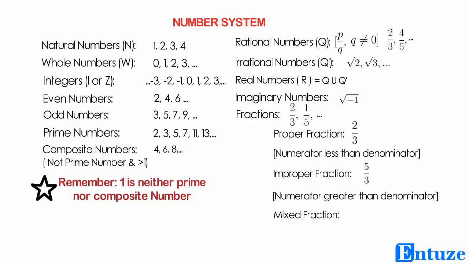A mixed fraction is represented as, for example, 1 and 1 by 3, where we multiply the denominator with the whole number and add the numerator to that. If you convert it into an improper fraction, it is 4 by 3. That is 3 into 1 plus 1, equal to 4 by 3.